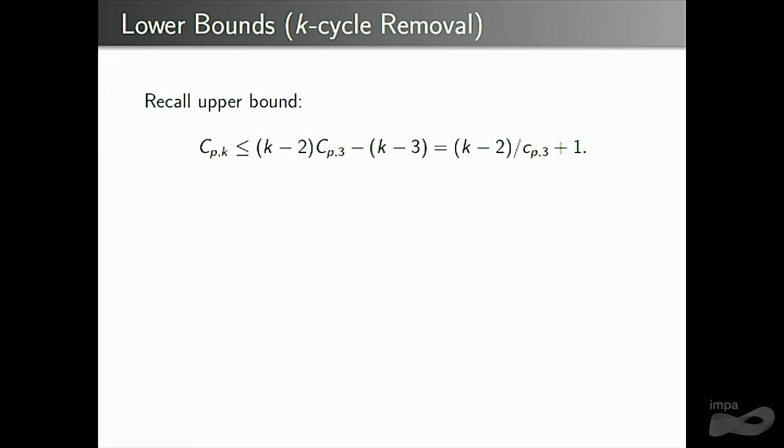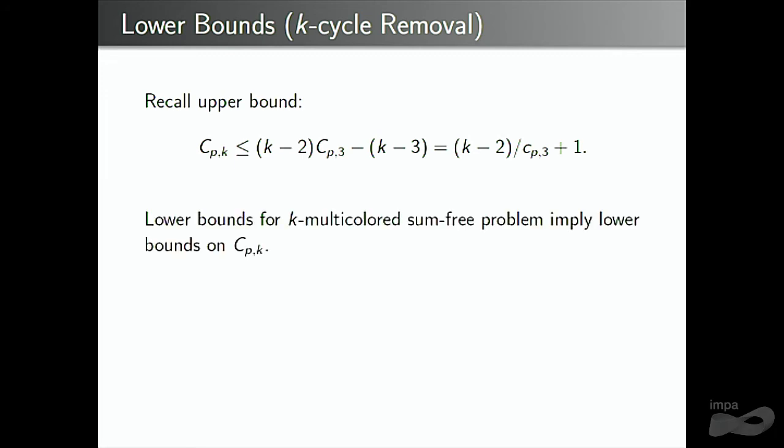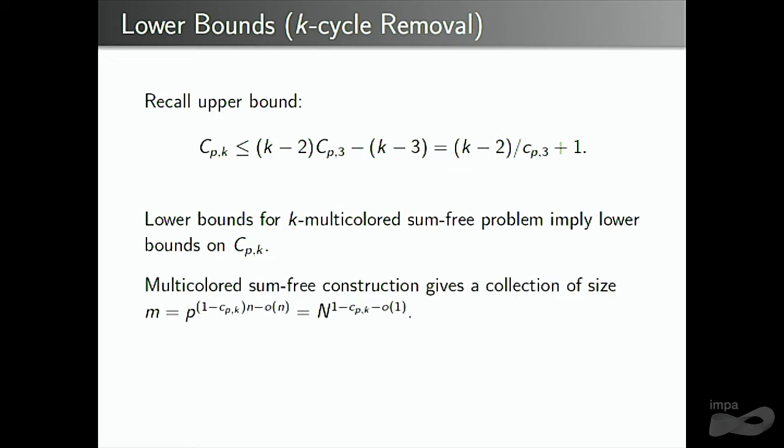So now if we look at the bounds, our upper bound is basically this expression here from the induction argument. And the lower bound implies a lower bound on CPK, and if you go through the algebra, what you get is here.